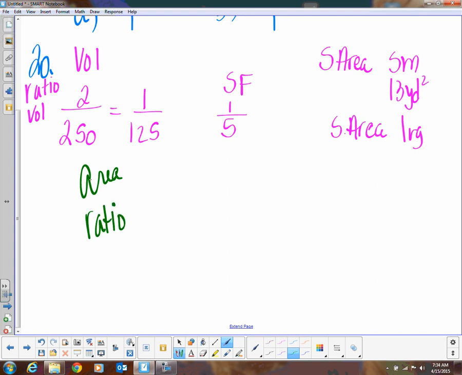So what's the area ratio? 1 times 1? 5 times 5. Now, where does 13 go? Top or bottom? Why? It's a small and one smaller than 25. So we've got x is equal to 25 times 13. You figured that out.